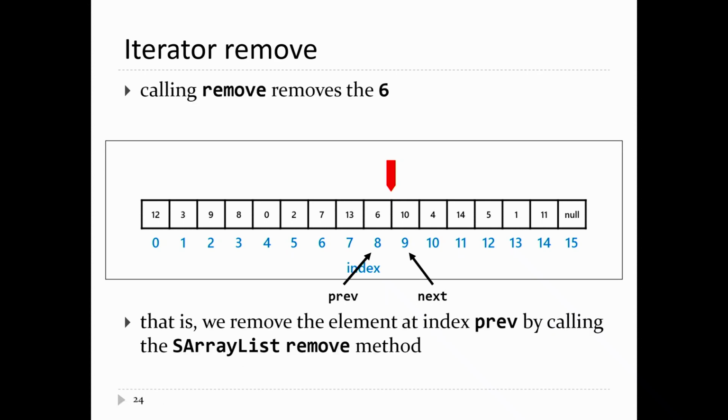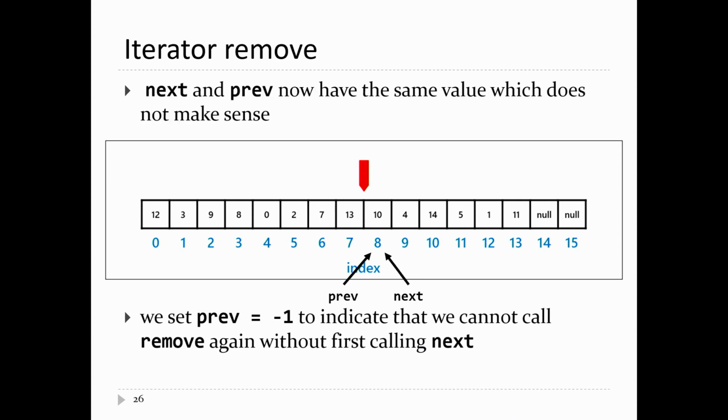So we decrease next. Now the iterator is between the 13 and the 10. That's great. The next points at the right element. If I call next again, it's going to return the 10. I'm not allowed to call remove again, because we called remove once.